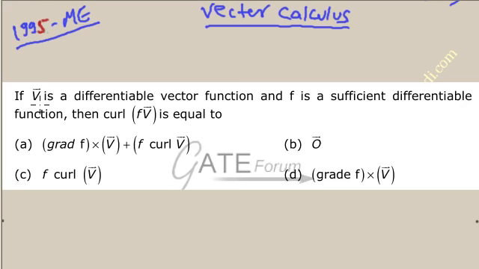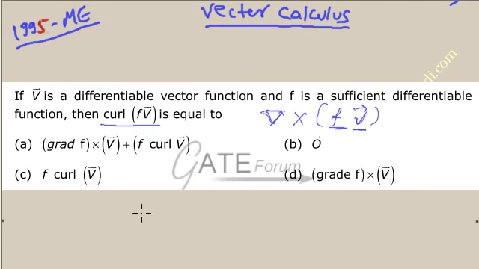This is the question from 95. If v is a differentiable vector function and f is a sufficiently differentiable function, then curl fv is equal to? So this curl fv can be written as del cross fv. There are two things for which this del can be applied.